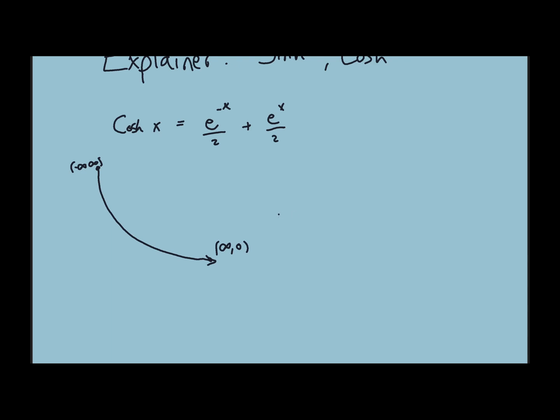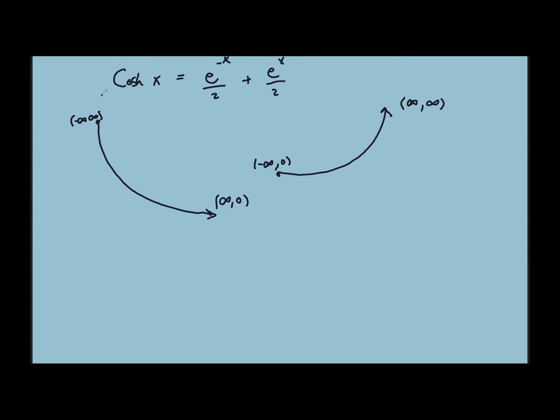And when I look at e to the x, I get this, where it starts off at negative infinity and is worth nothing, but then as time goes by, its value approaches infinity. And what we're taking here is an average between them. That's why it's divided by 2. Half of each, and then they're put together.